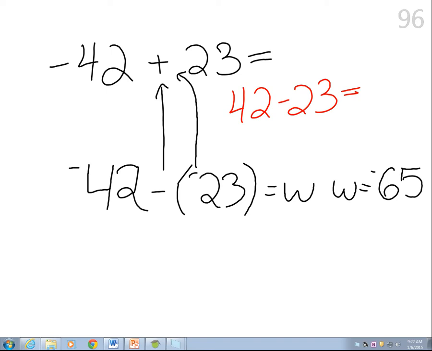That was the major point of yesterday. We take the bigger number, subtract the smaller number as far as absolute value goes, and we are going to get, well, that's what we're finding out.